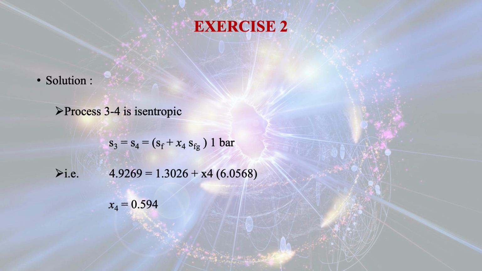So you know very well the value of S3, you know SF, you know SFG, only one equation and one unknown. You can very easily calculate the value of X4. For this problem, X4 is equal to 0.594. Once you calculate X4, there is no difficulty in calculating the enthalpy at state 4, that is H4.